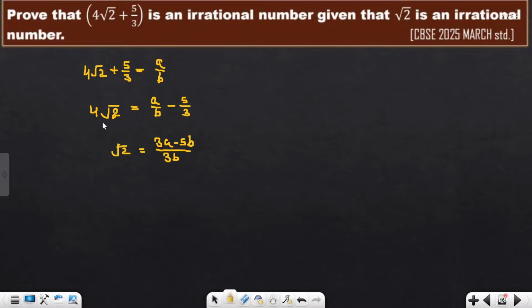The 4 here, multiply, change the side to the denominator. Root 2 is equal to 3a minus 5b divided by 12b. Since a and b are integers, 3a minus 5b divided by 12b is also a rational number. Root 2 is also a rational number because it is equal to 3a minus 5b divided by 12b. So contradiction with the fact root 2 is an irrational number, hence 4 root 2 plus 5 by 3 is an irrational number. Okay, CBSE exam March 2025 standard.